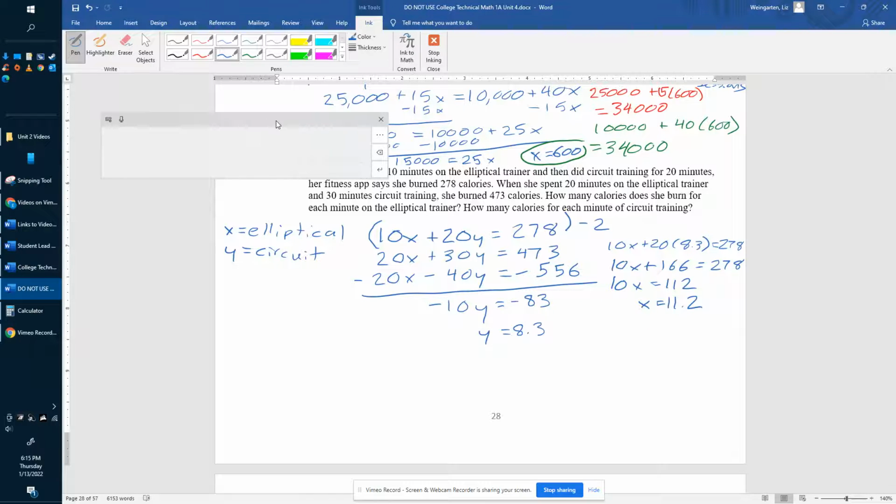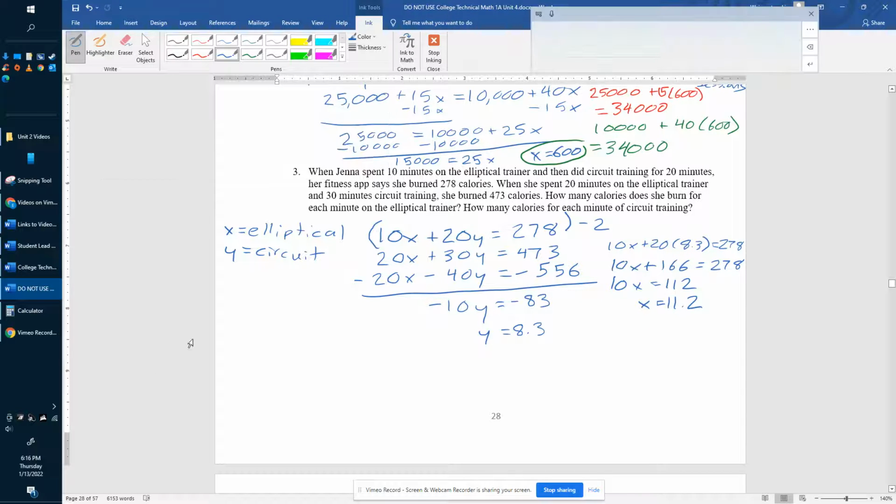So let's see if those make both of the equations work. So let's do the first equation. We have 10 times 11.2 plus 20 times 8.3 equals 278.